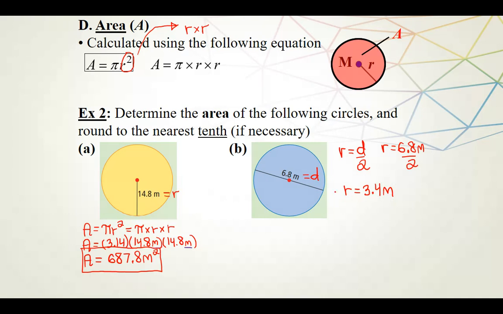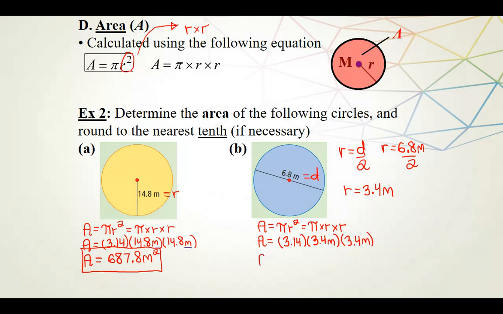And now that I have the radius, I can then use this equation to calculate the area. So I'd have area, step 1, show the formula. So area is equal to pi r squared, and that would be equal to pi times r times r. Step 2, we're going to replace the symbols with the actual numerical values and the units if they have units. Pi is 3.14, doesn't have any units. The radius is 3.4 meters, multiplied by another radius, 3.4 meters.